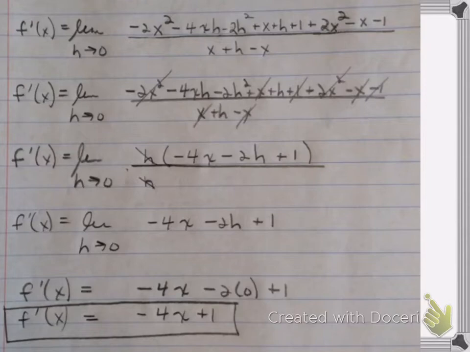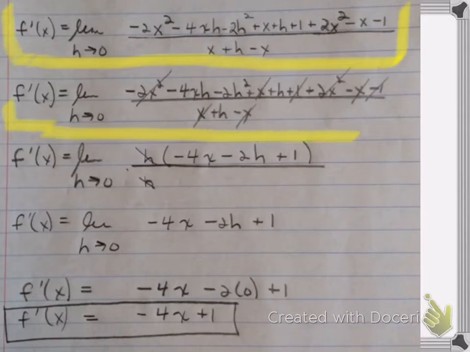Alright, here is 64 continued, and you can see that in this next step right here, I've just rewritten everything for you so that here I'm going to now start canceling. So here comes the canceling. What you should have happen is that every term that does not have an h next to it will cancel.